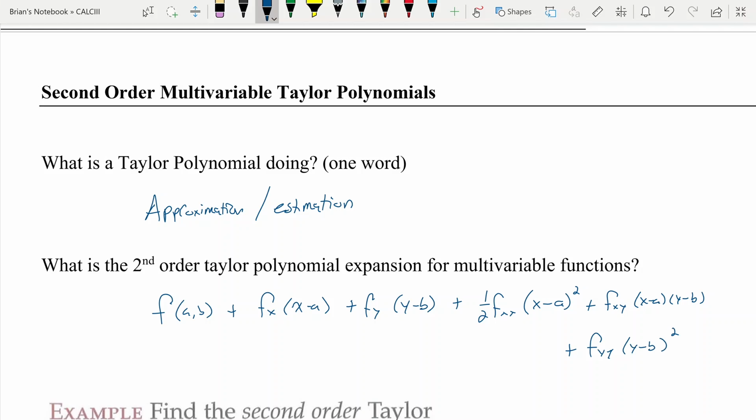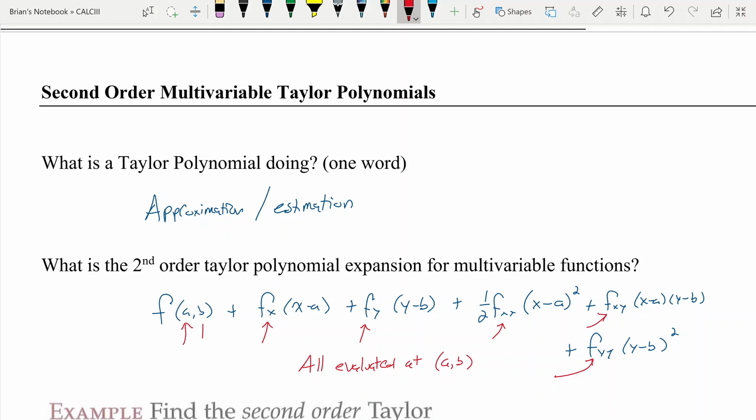And the trick of these problems is that your fx, your fy, your fxx, your fxy, and your fyy are all evaluated at (a, b).